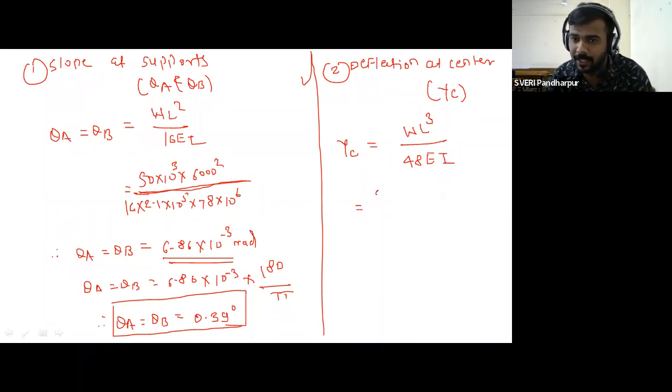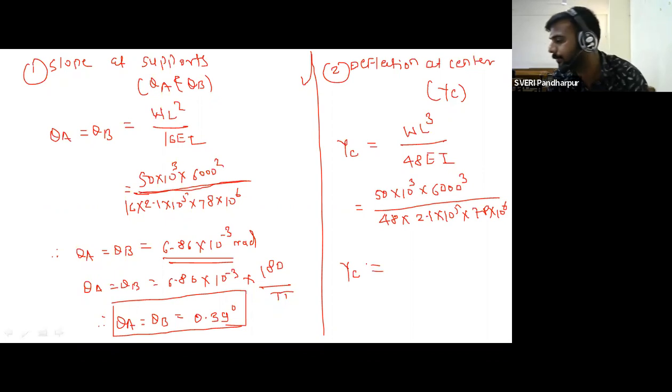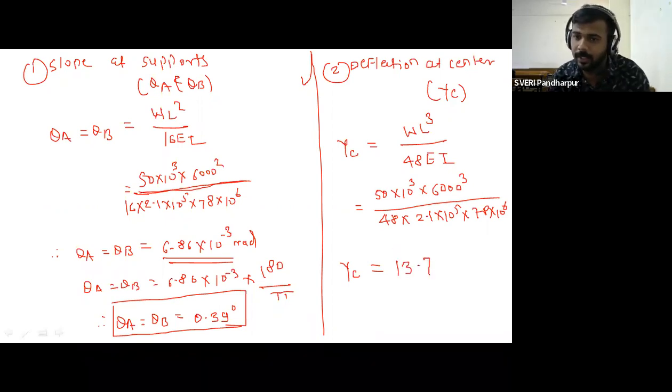So here W once again 50 into 10 raised to 3 into L cube, means 6,000 cube, divided by 48 into E, 2.1 into 10 raised to 5, into 78 into 10 raised to 6. So YC is equal to how much? 13.73 mm.